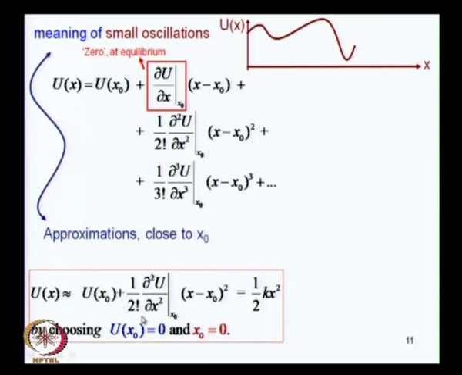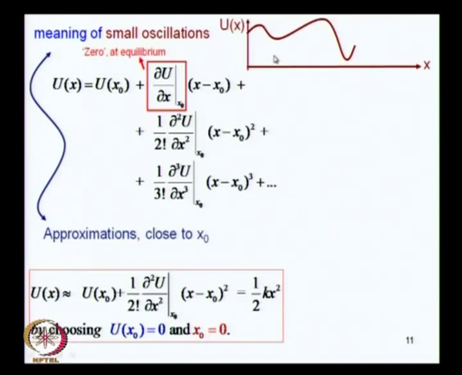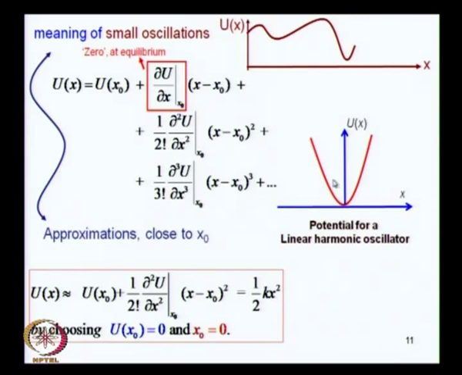And if you presume that u(x0) is equal to 0, this is just choosing a gauge for the potential, that you measure the potential on a scale such that this potential is equal to 0, and then if you choose the origin of the x axis so that x0 is equal to 0, then this relation is nothing but u(x) nearly equal to half k x square, and if you plot u as a function of x, you essentially get a parabolic quadratic potential.